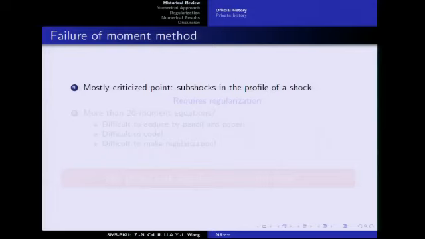unfortunately, this moment method is not so successful. Yes, since the most criticized point of using this system to carry out simulations is that there will be subshocks in the profile of a shock.